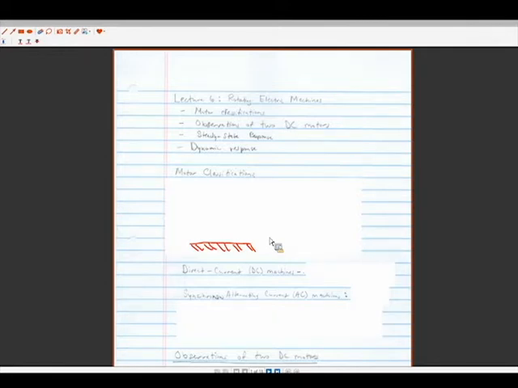And then if we look at, from a schematic point of view, what we have going on in one of these motors is that we have what's called the stator. And so the stator is the stationary portion of the motor.